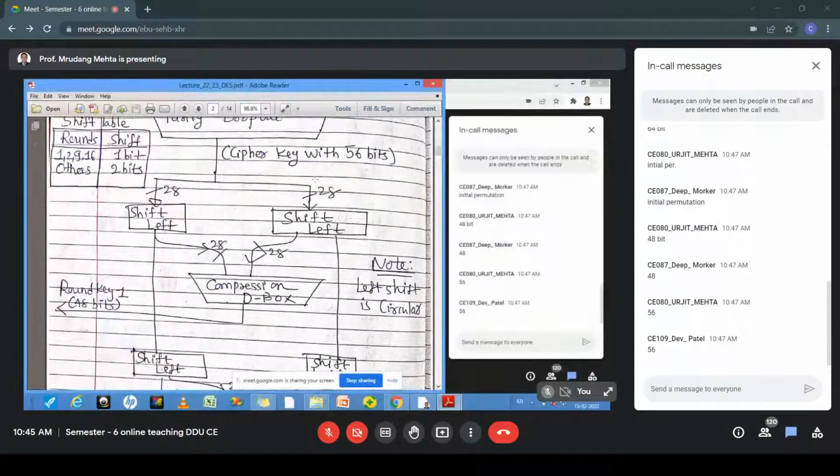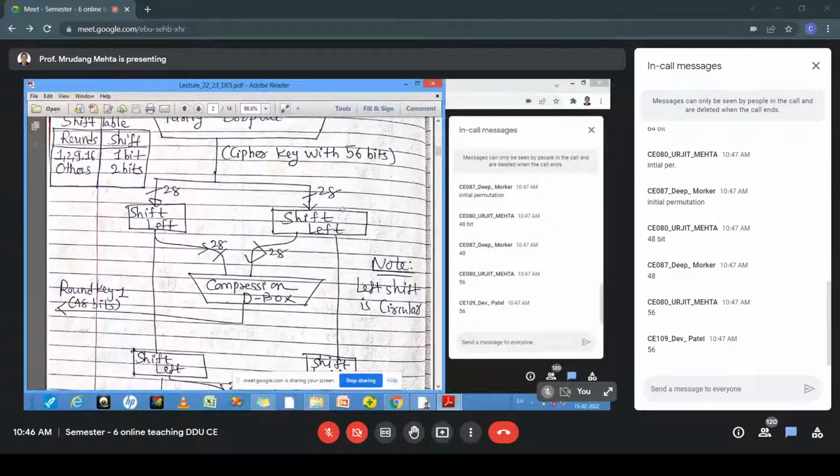This 56-bit key is then divided into two halves of 28 bits each. It goes through the shift left process, and then the compression D-box converts this 56-bit key into a 48-bit key, right?